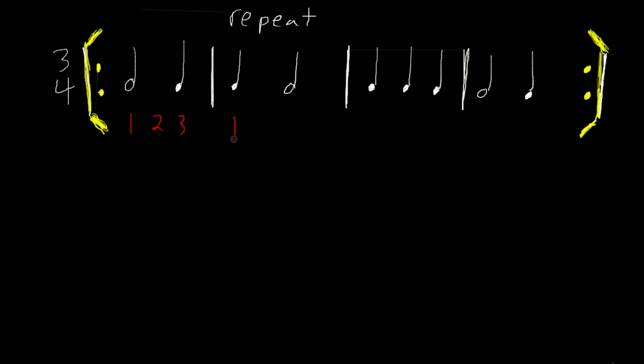Next measure, beat 1, beat 2 on this half note. Beat 3 is in no man's land. And then these are just 1, 2, 3. Next measure, beat 1 on this half note. Beat 2 happens in no man's land. And beat 3 comes on that quarter note.